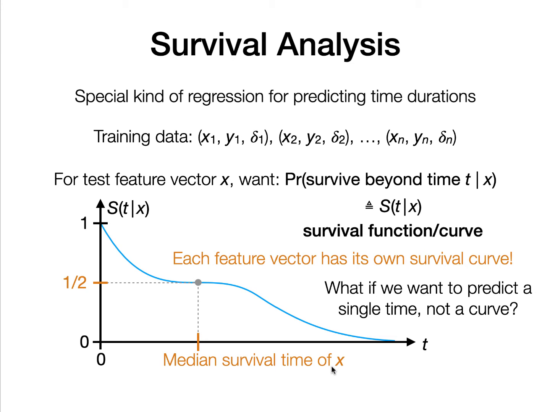This is referred to as a median survival time estimate for feature vector x. As another example, you can look at the area under this blue curve, and this gives an estimate of the mean survival time for feature vector x.